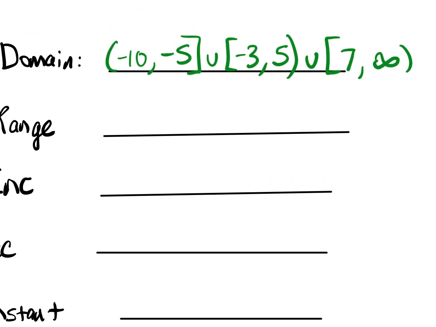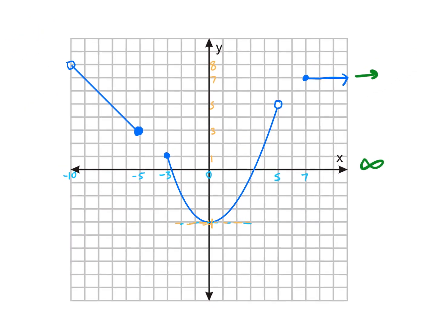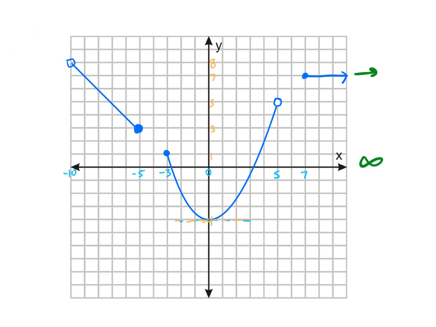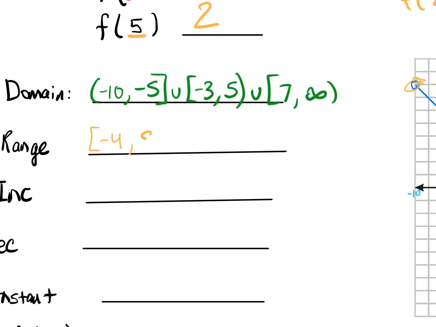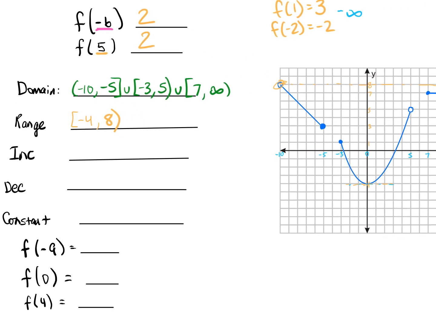Bracket or parentheses? Bracket, -4. And then our graph goes up to what? What's our largest y value? 8. Because our graph goes all the way up to here. So 8. -4 to 8. Bracket or parentheses? Parentheses because it's an open circle there.